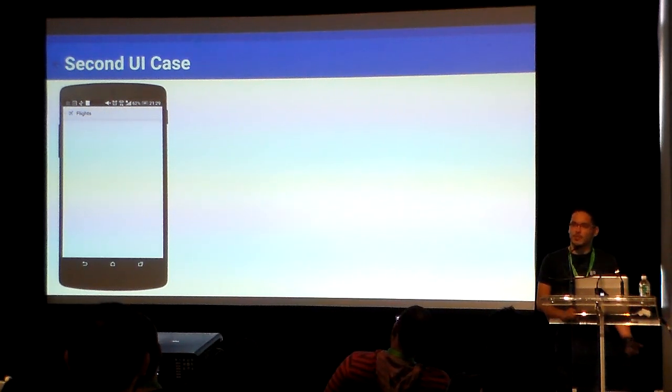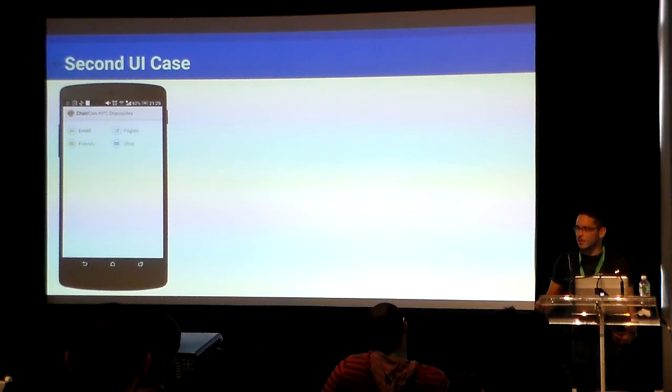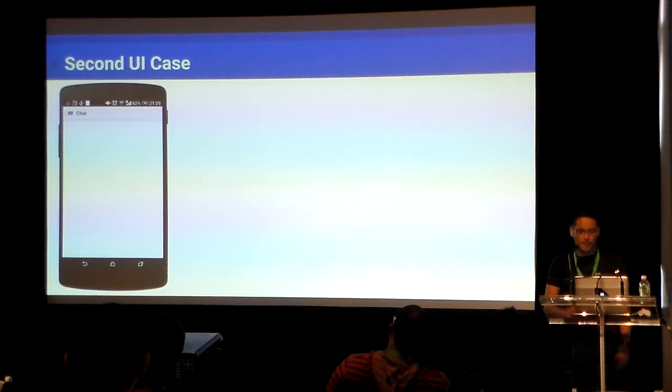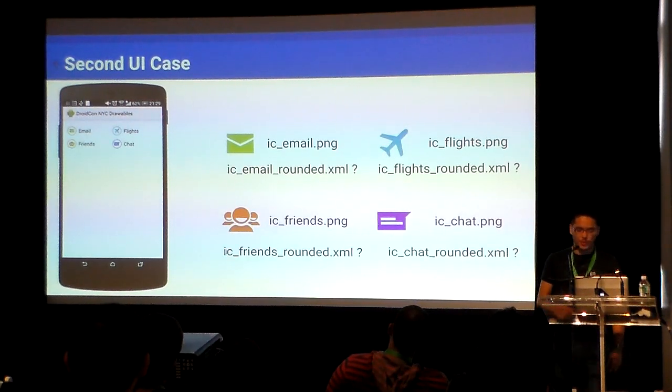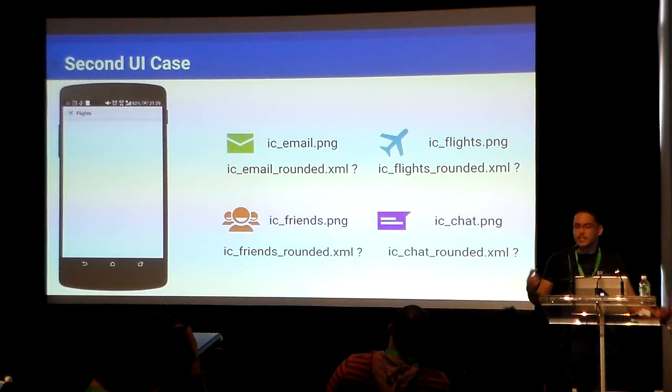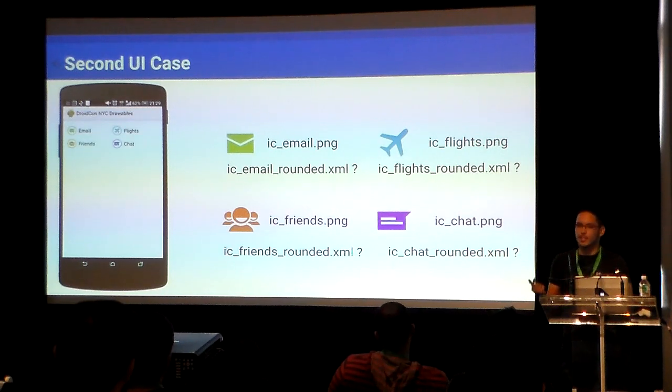So, as we just saw, we can create an XML file in the Drawables folder, and we can put a layer list inside of it, right? So basically, for our 4 icons, we would have another XML inside of our Drawable folder with its circle and its last state with a circle and an icon.